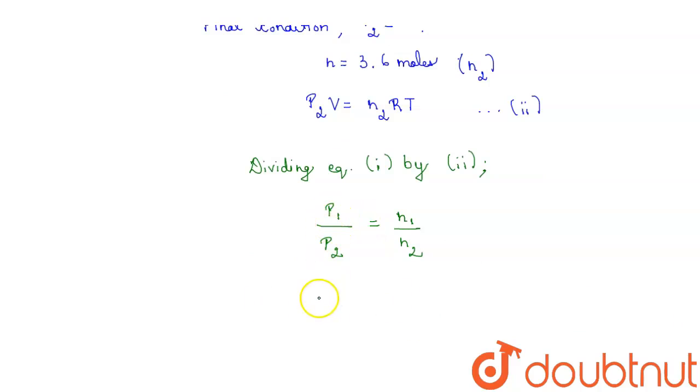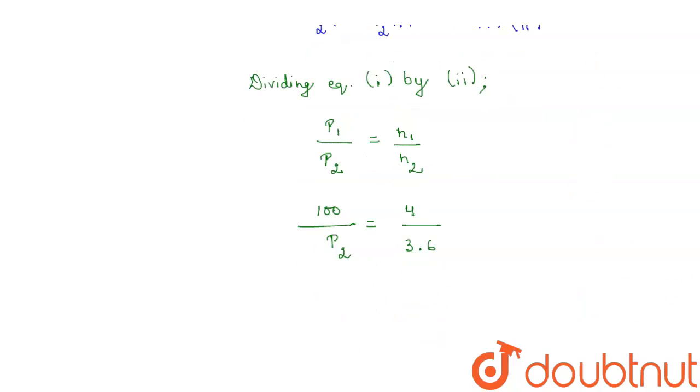So value of P1 is 100 and we have to find out P2, right? Value of N1 is 4 and value of N2 is 3.6. So from here P2 will be 100 into 3.6 divided by 4, and after solving this we will get 90 atmosphere.